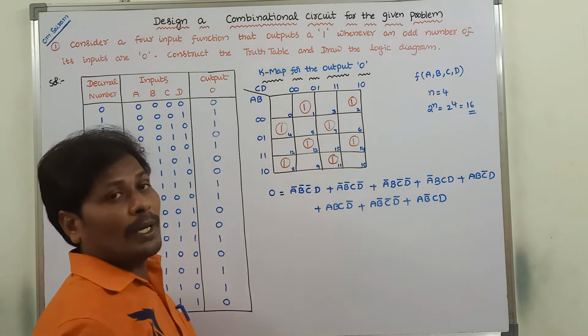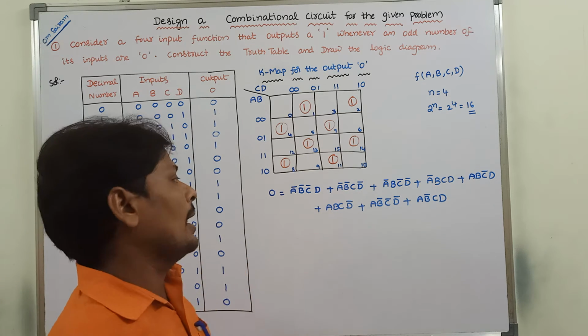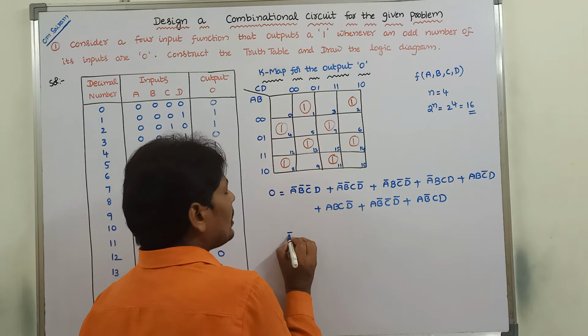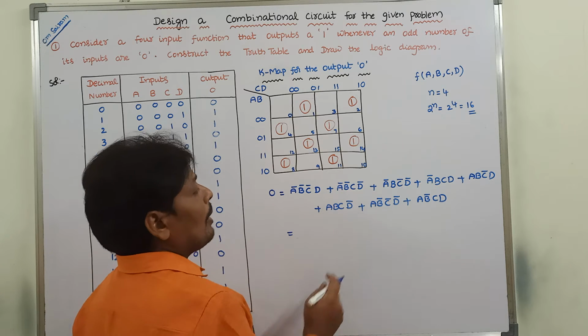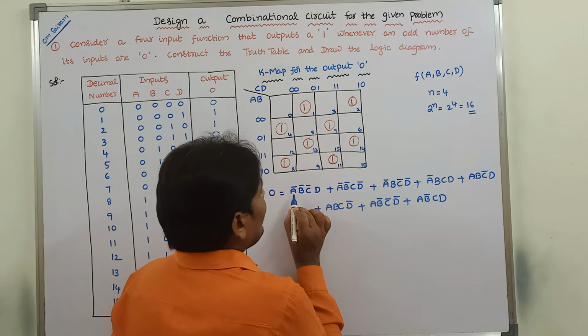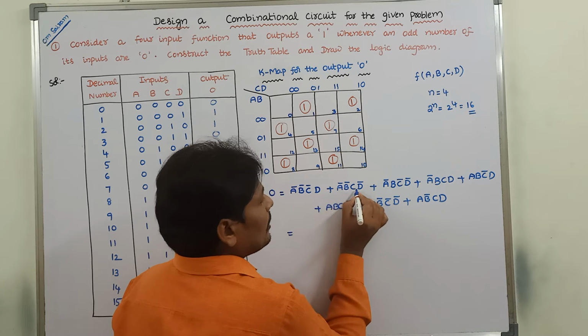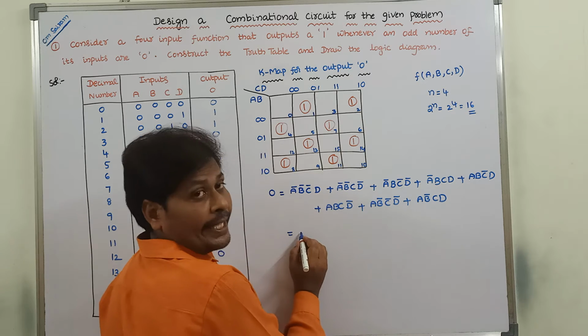Okay, so 8 ones are there, 8 product terms we are getting. Any common term is there, we have to find common among the 8 product terms. So here A bar, B bar is common from the first 2 minterms.